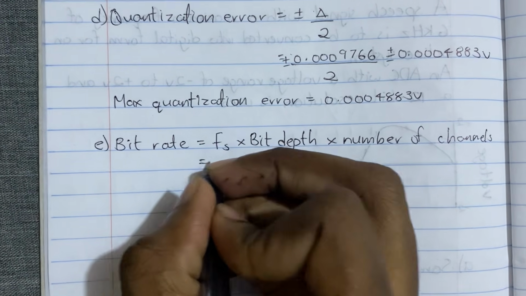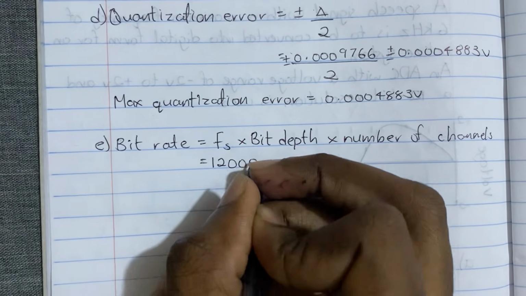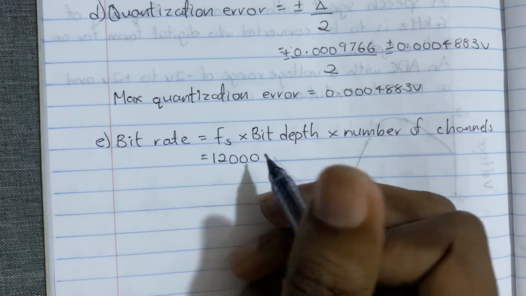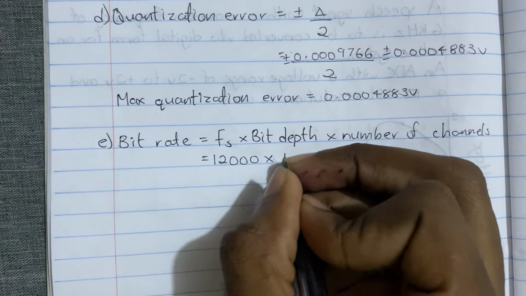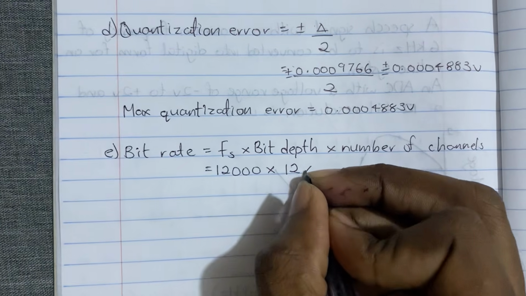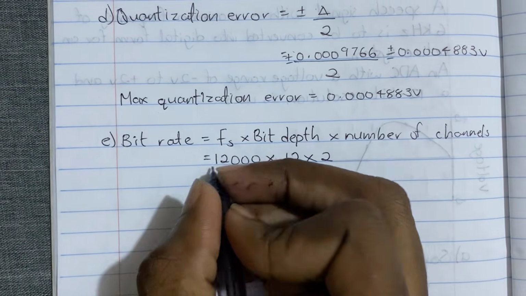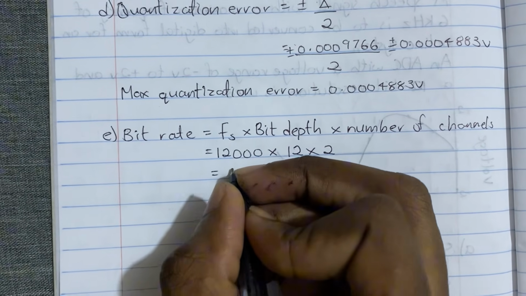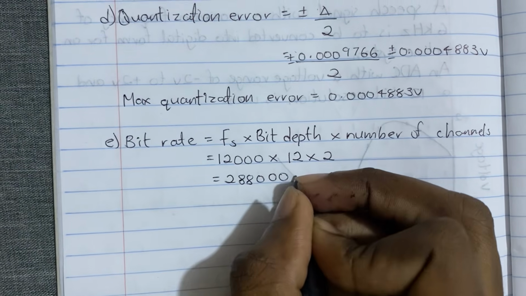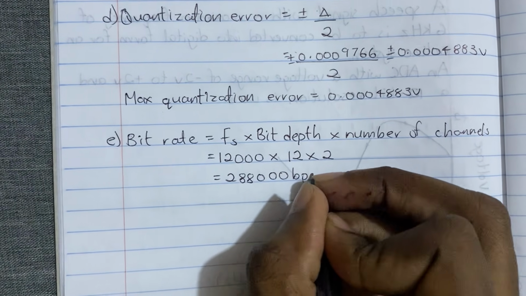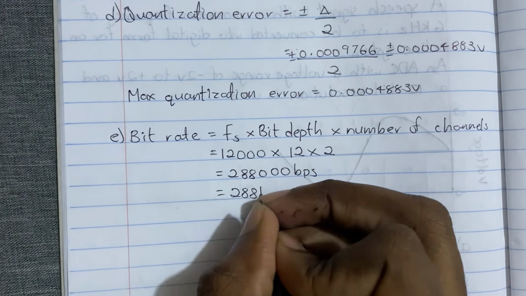So we had 12 kilohertz as our sampling frequency. Let's multiply it by our bit depth times the number of channels. It was stereo, so it's 2. So we are going to get 288,000, and bit rate is in bits per second. So now we get 288 kilobits per second.